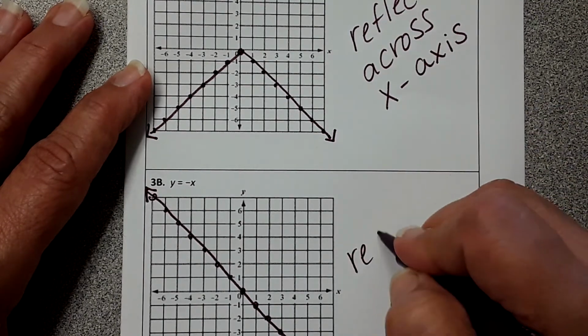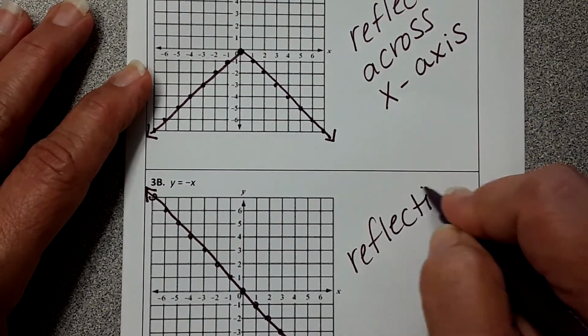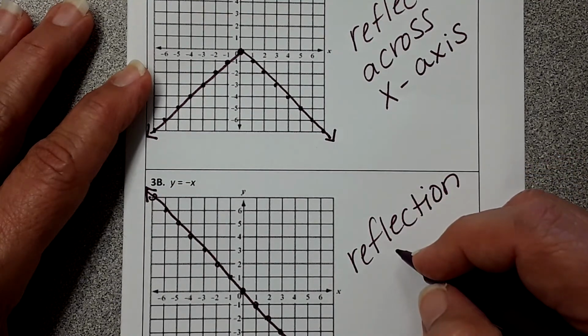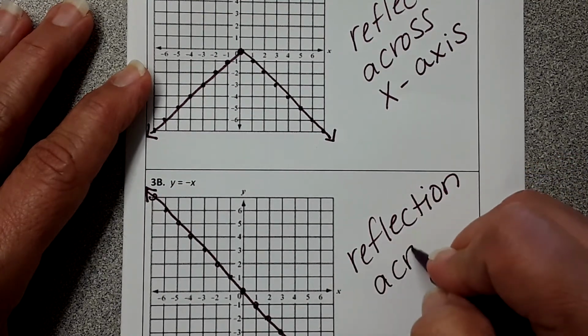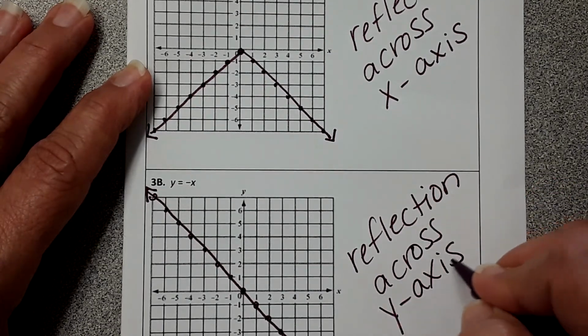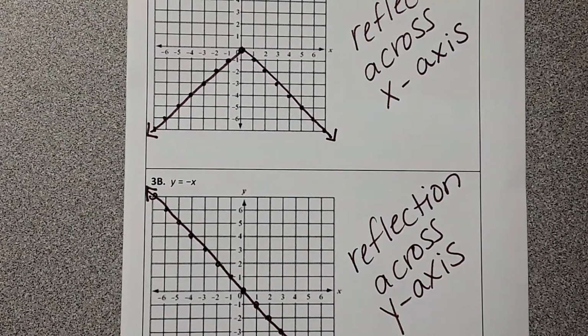And this is a reflection across the y-axis. Okay, that's part 1.